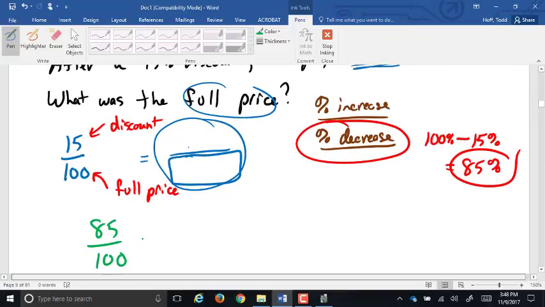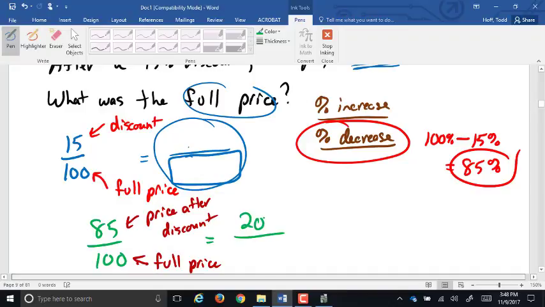So what that is telling us is if we look at 85%, 85% is the price after the discount. 100% is the full price. So that 2,040 is the price after the discount. It goes up there.